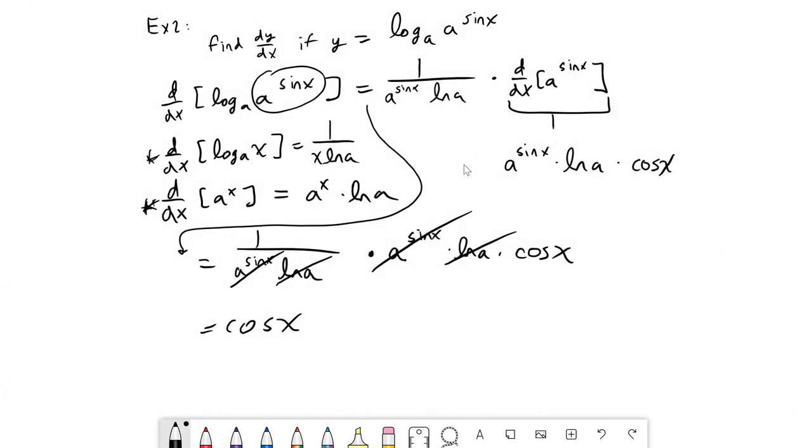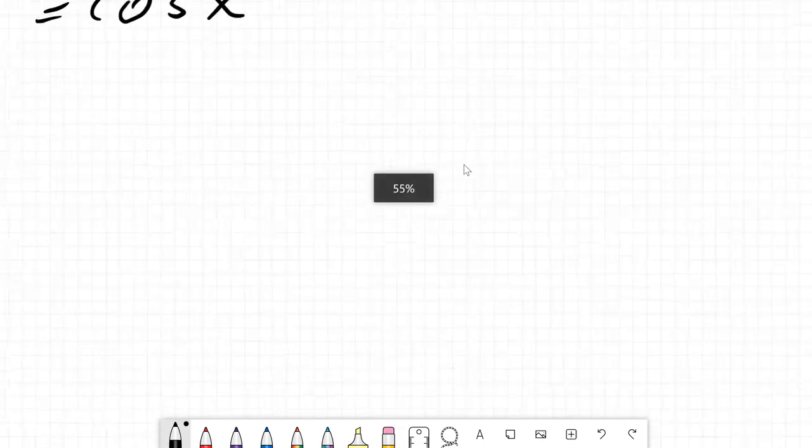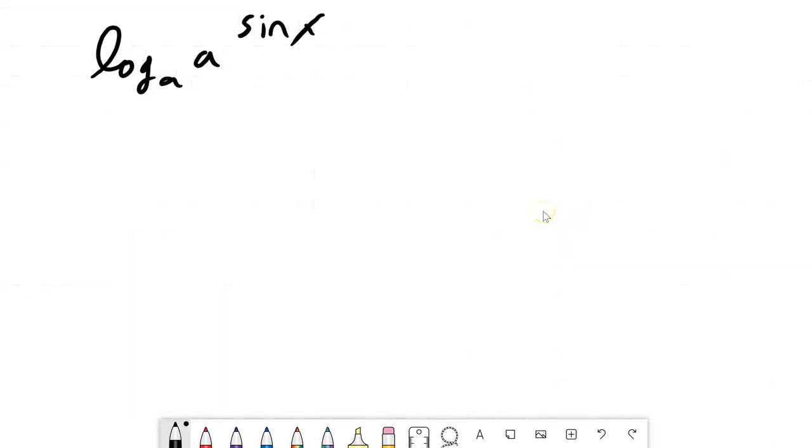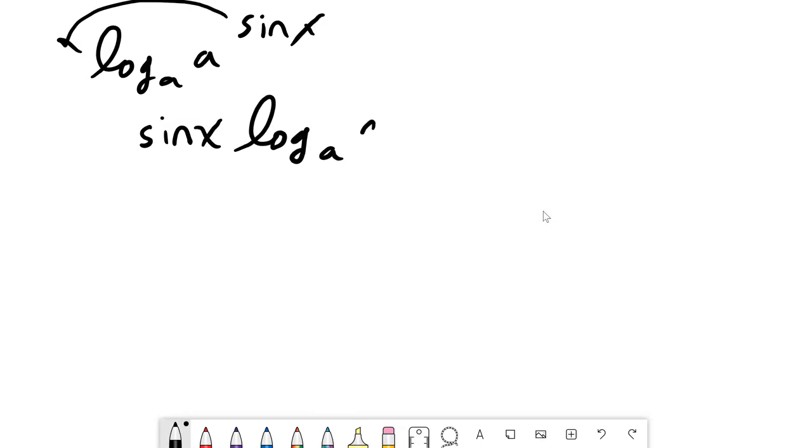And that's where the trick actually comes in. If you didn't notice, I'll tell you. So here we have it. It's not the natural log. It's the log base a of a to the sine of x. The trick here is to first use the log property that the power we can bring out. So sine of x times log base a of a, and maybe you see it now because it's not as complicated.